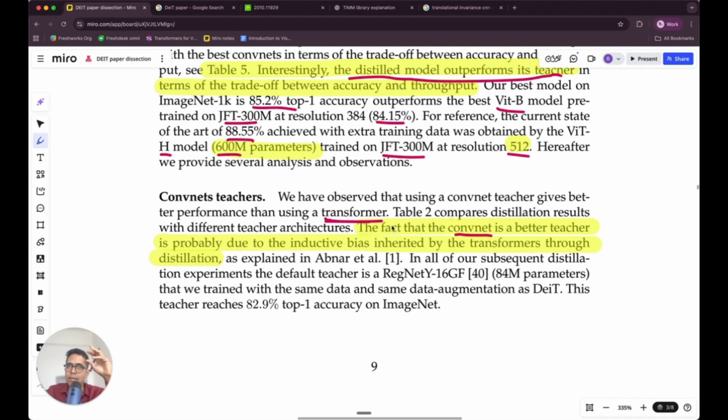Maybe because somehow the inductive biases, like locality and translational invariance, that convolutional filters have, are indirectly communicated to the vision transformer when the CNN is a teacher. But when a vision transformer is the teacher, that possibility does not exist.